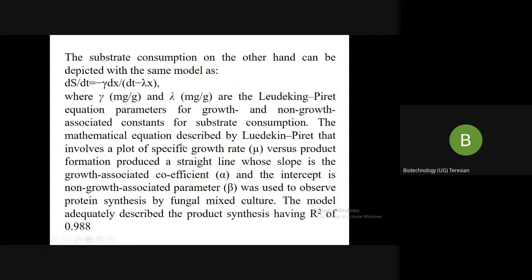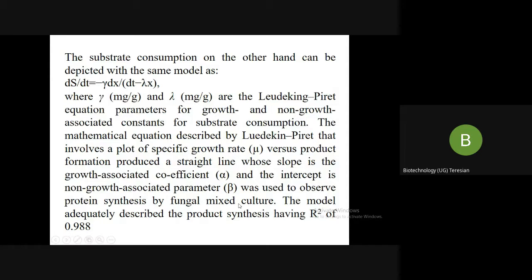The mathematical equation described by this LP that involves a plot of specific growth rate mu versus product formation produced a straight line whose slope is growth associated coefficient alpha, and the intercept is non-growth associated parameter beta, was used to observe the protein synthesis by the fungal mixed culture.